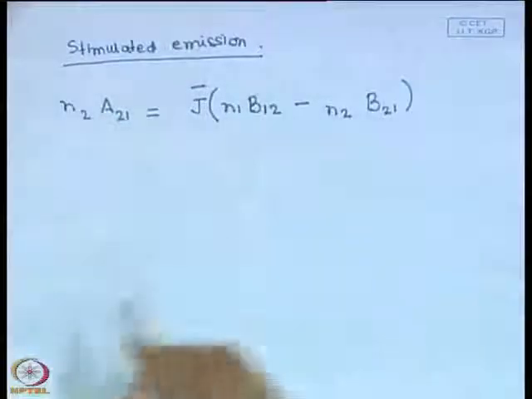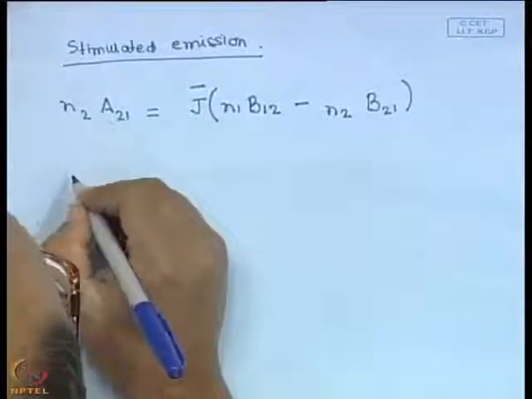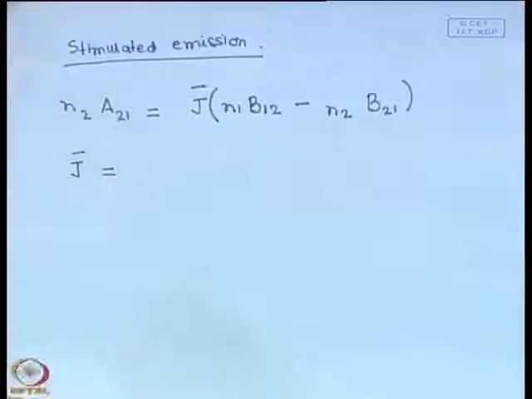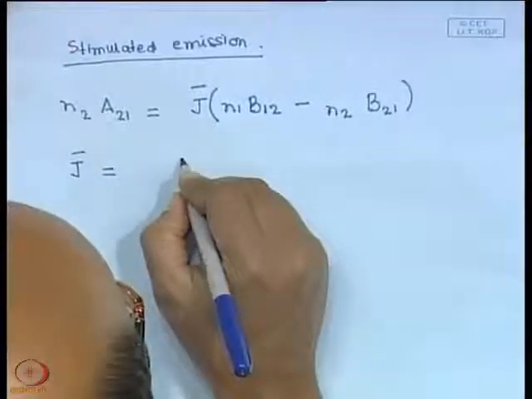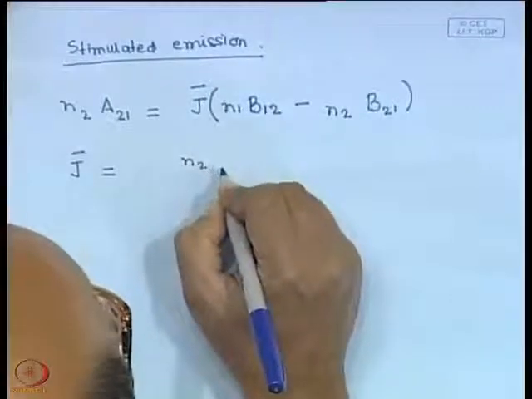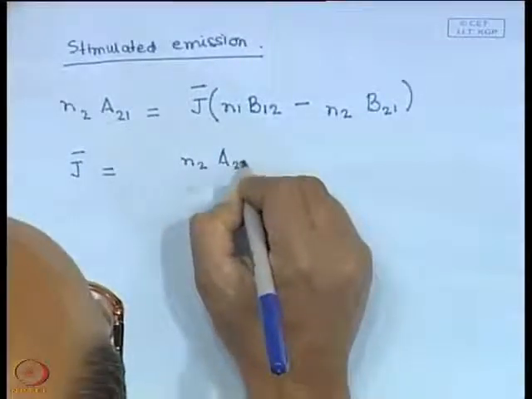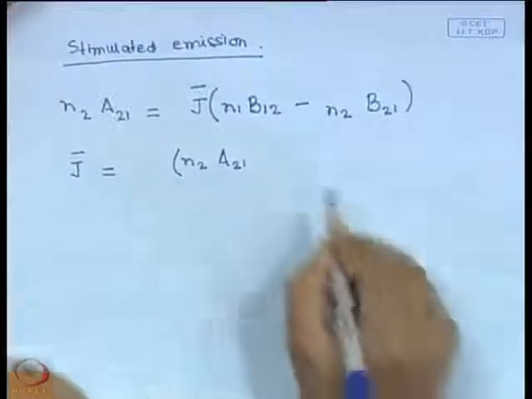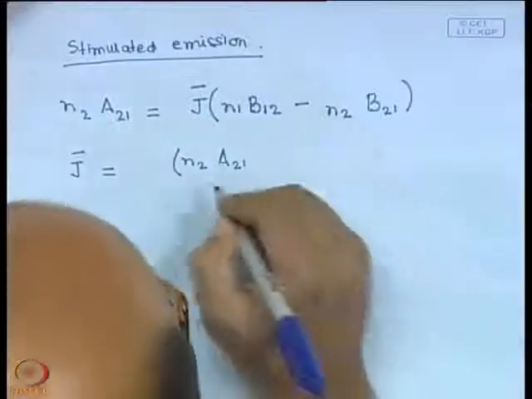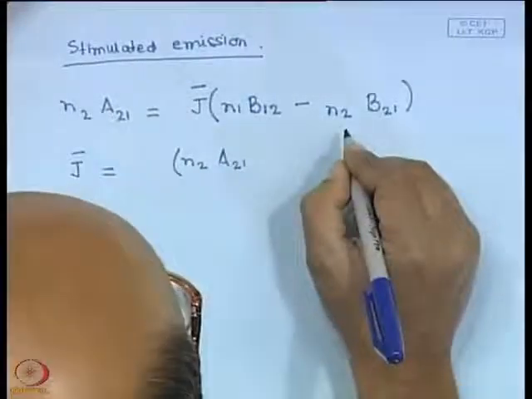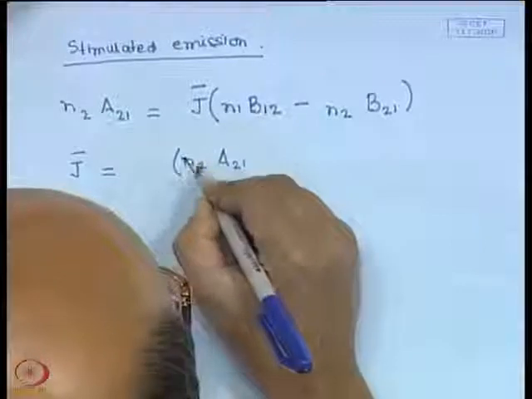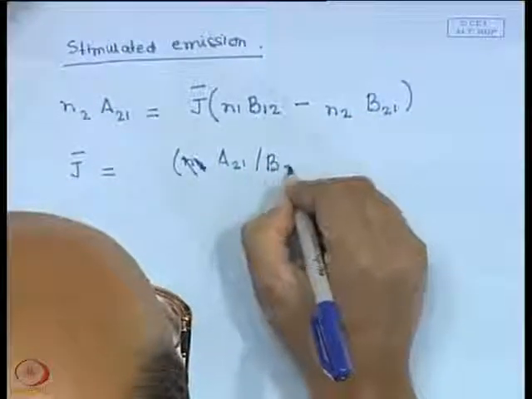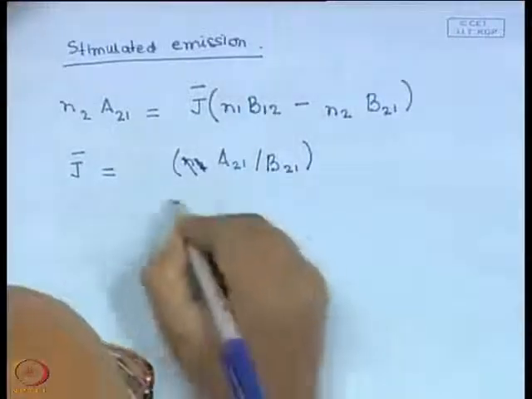Now, if you allow for this possibility, then in equilibrium we have J bar equal to... so I am dividing throughout by N2. If I divide throughout by N2, I will have this ratio B21 in the numerator.